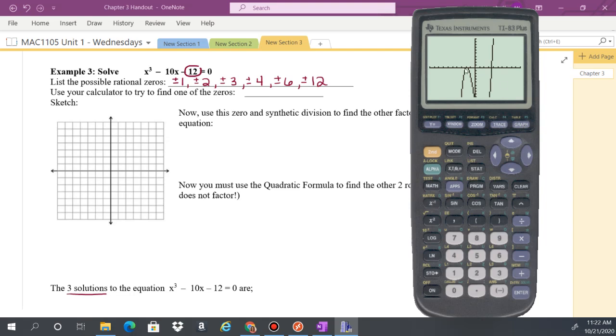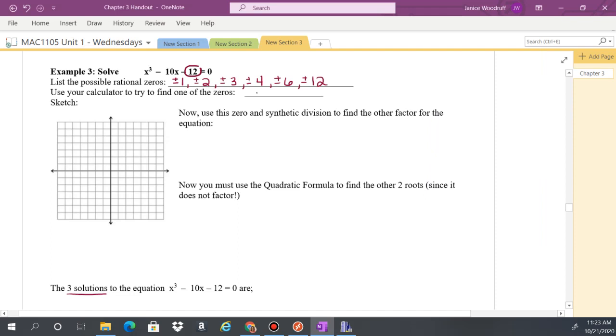All right, so it looks like negative 2. And then this looks like it's between 3 and 4, so probably some sort of decimal here. Go to your table, check it. There is a 0 at negative 2. I got one of them. Okay, so one of the zeros is negative 2.